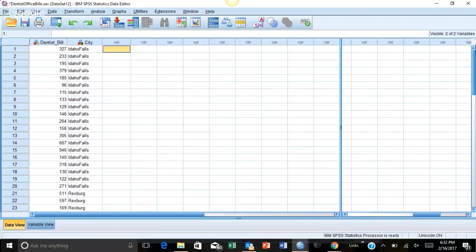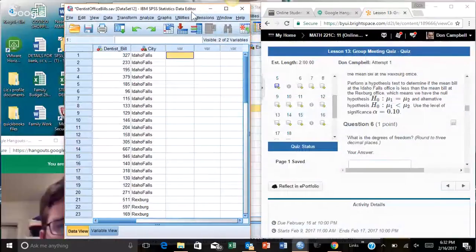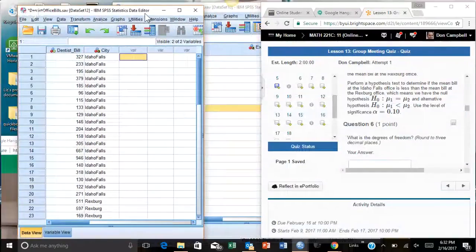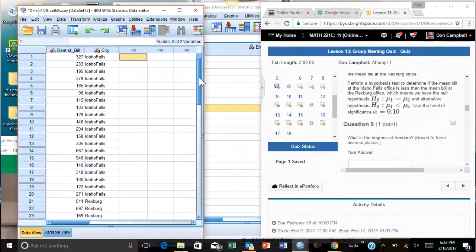So here we have Idaho Falls, and then we have Rexburg. So those are the variables.